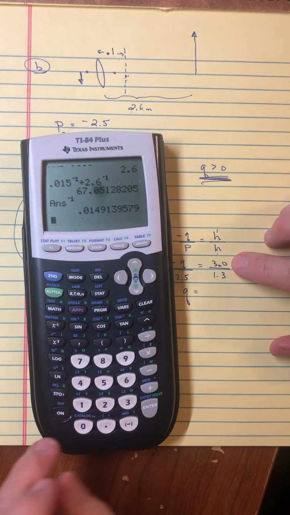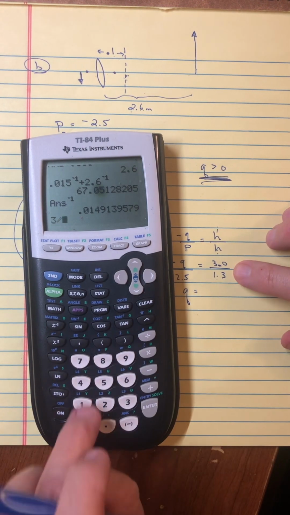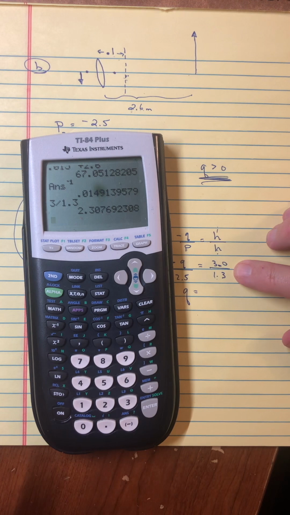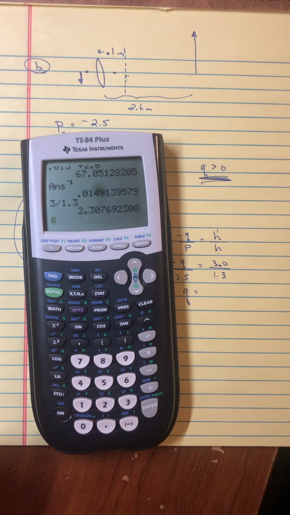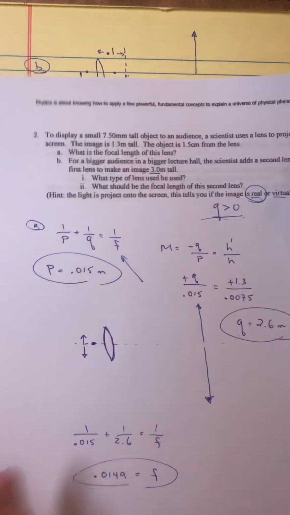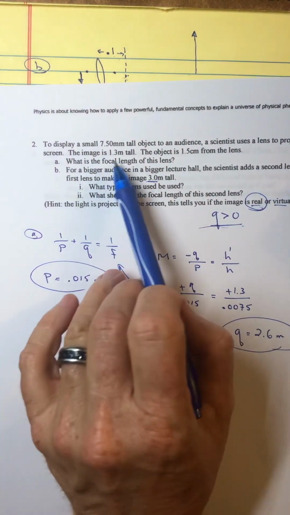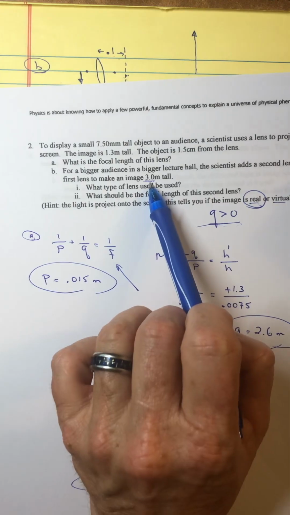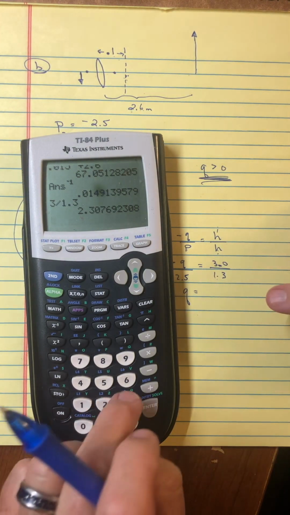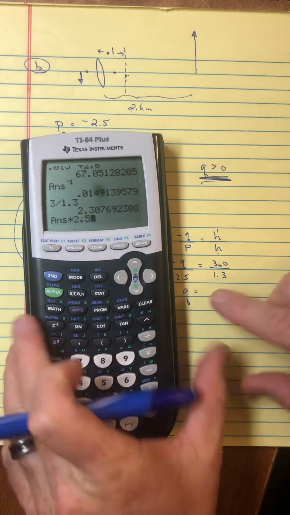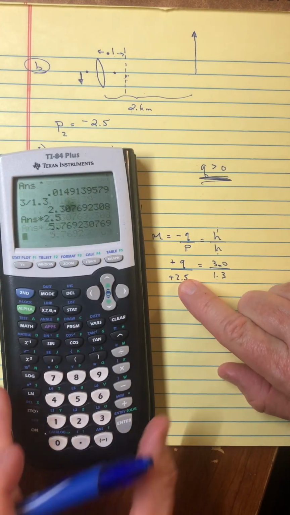And so I'll just do the magnification out of curiosity. The second lens only magnifies it about 2.3. And that makes sense. We're only making it bigger. Like I said, the first lens made it the big size of 1.3, and then we're going to make it a little bigger to get to 3 meters. And then this times 2.5 right here.